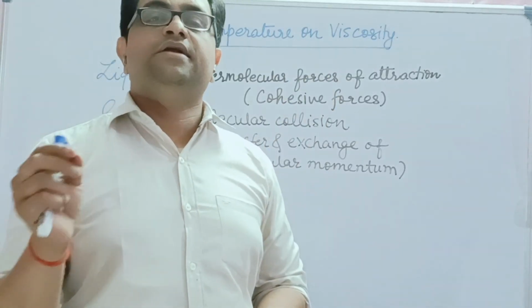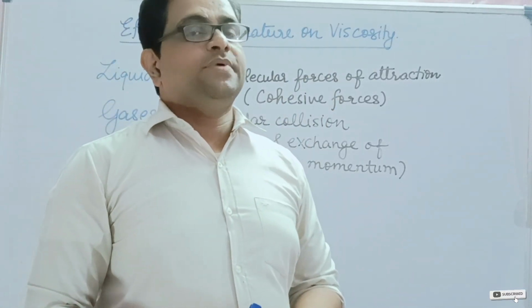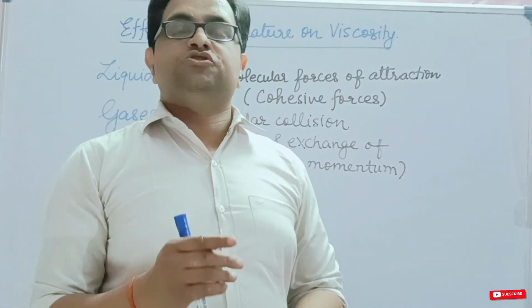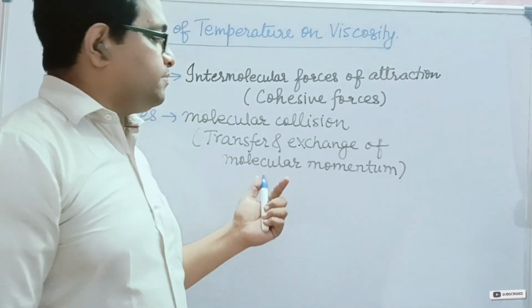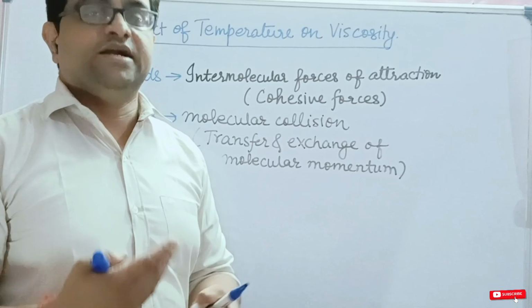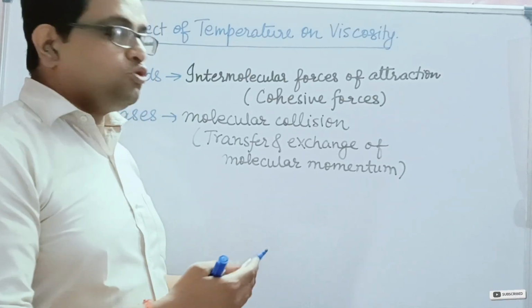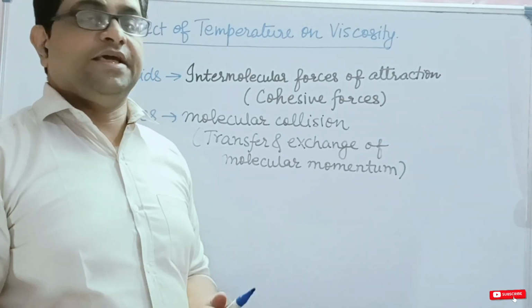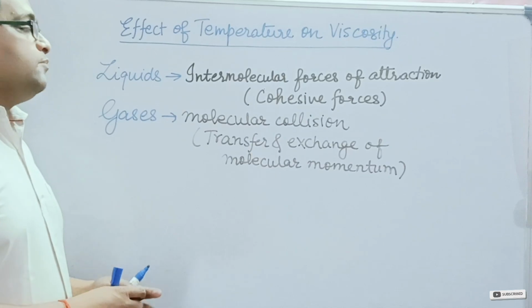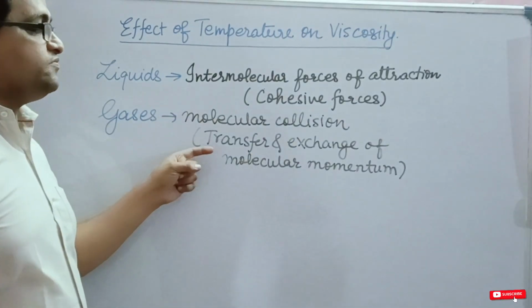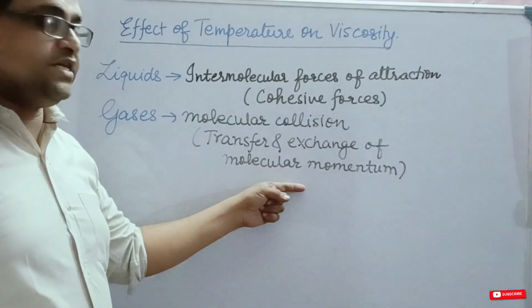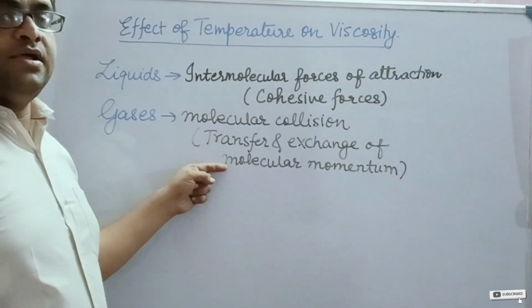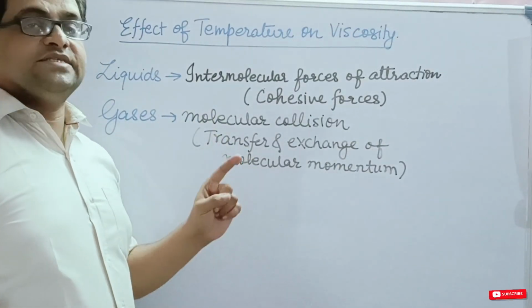Whereas what happens in case of gases? If the temperature is increased, the molecules will gain more energy and they will collide more vigorously, and if they collide more vigorously, there will be more transfer and exchange of molecular momentum, which is the primary cause of viscosity in gases, and therefore the viscosity of gases increases with increase in temperature.